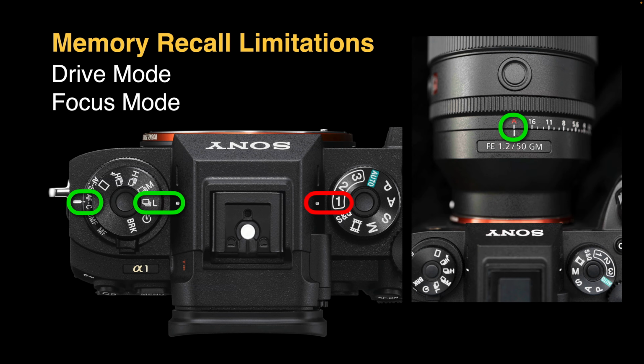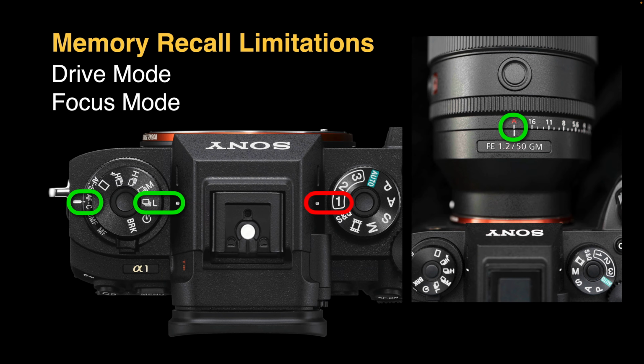Now there are some limitations to what the memories can control, and they are a little bit more restricted on the Alpha 9 and Alpha 1 cameras. For instance, the memory can't override the drive mode and focus mode on those cameras. It's just the 3 cameras, the Alpha 9, Alpha 9 II and the Alpha 1.